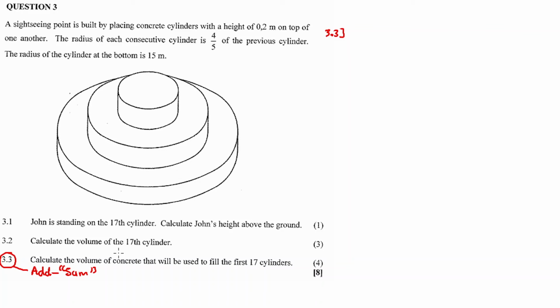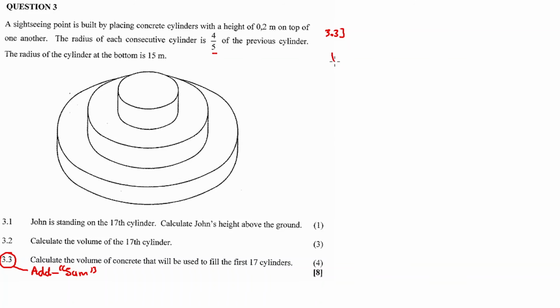My prediction is it's going to be a geometric one. We multiplied by a constant ratio, like 4 over 5 for the radius. The height is constant, the only changing factor is the radius, right? So we have to add all these volumes all the way up to the 17th.